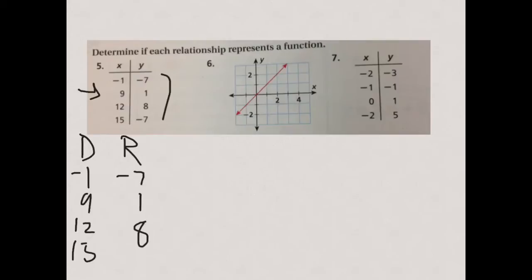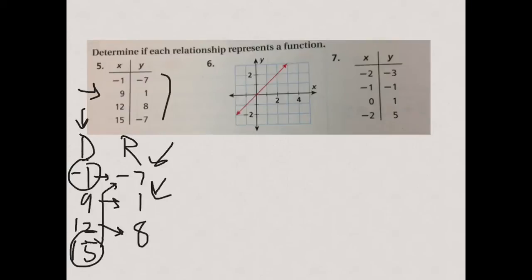So, negative 1 is matched to negative 7, 9 to 1, 12 to 8, and then 15 to negative 7. This would be a function because each domain, each one on this side, has only one value on this side. Now, it's okay that negative 1 and 15 both have negative 7 as their range.